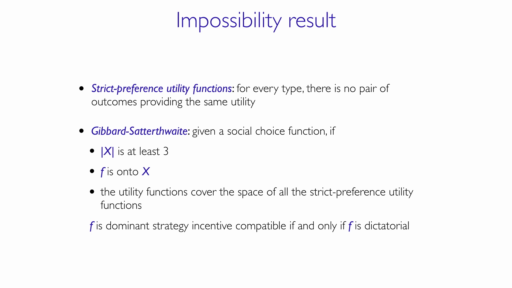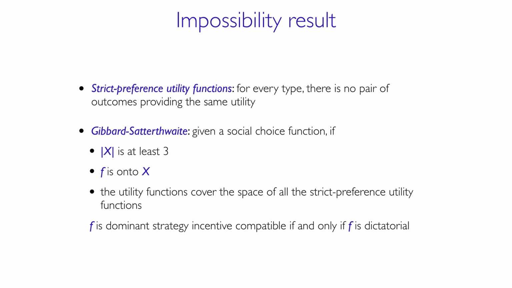The Gibbard-Satterthwaite impossibility result states that, given a social choice function, if we have at least 3 outcomes, and the function is onto, that is, every outcome of X can be returned by the social choice function for an opportune profile of types, and finally, the third assumption, that the utility functions are strict preference, then the social choice function is dominant strategy incentive compatible if and only if it is dictatorial.